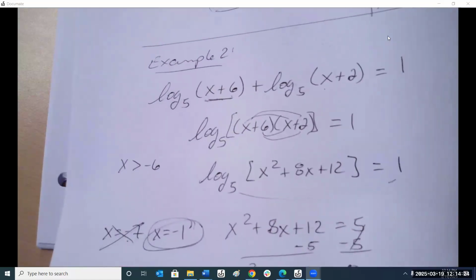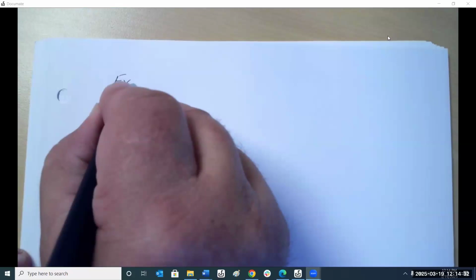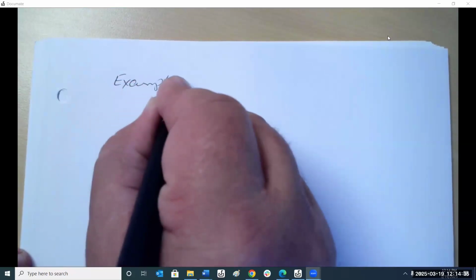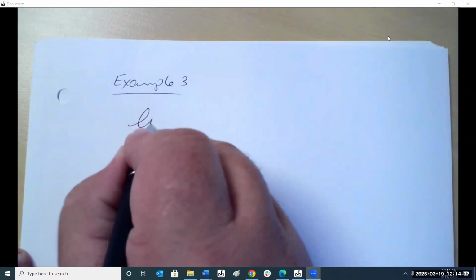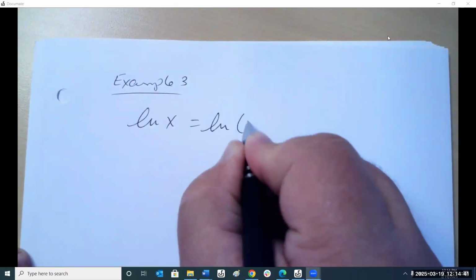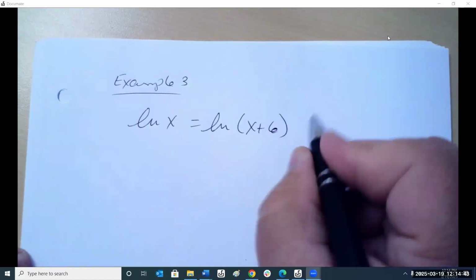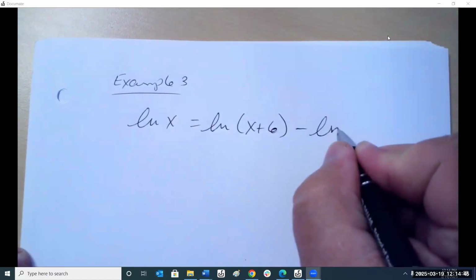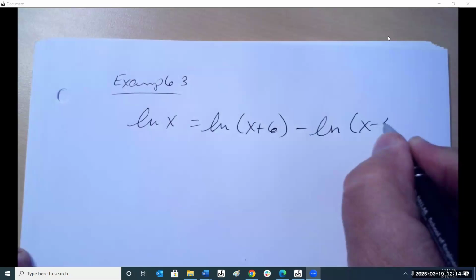Let's try another one. ln x equals ln of x plus 6 minus ln of x minus 4.